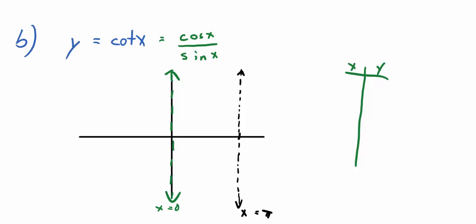And then you're going to want to plot the value in between the asymptotes, this value, which would have to be what? Pi over 2, and then just split that value in half. Plot pi over 4. And then split the value between pi over 2 and pi in half. What would that be? 3 pi over 4. So those are the three values or kinds of values you want to plot here.